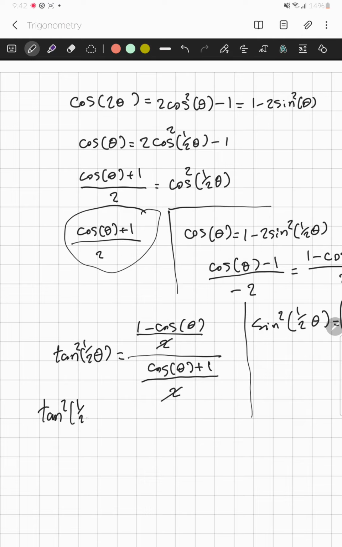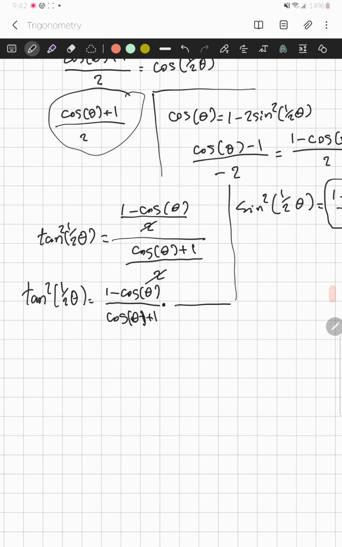Tan squared half theta equals 1 minus cosine theta over cosine theta plus 1.